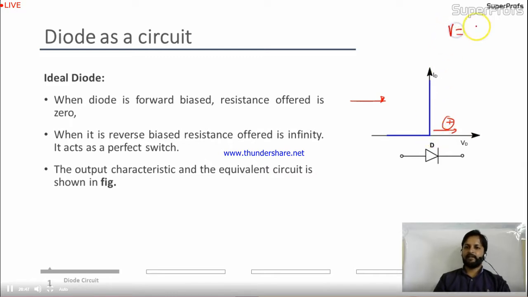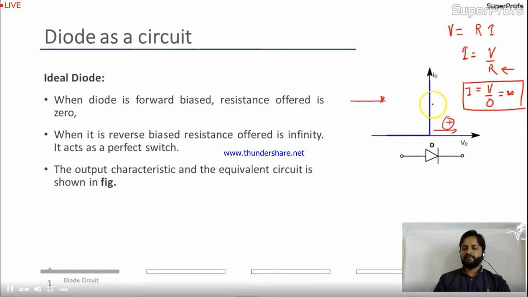V equal to Ri, so can I say I is nothing but V by R? In the forward region, we have seen the R offered by the circuit is 0. V by 0 is infinity. So as you apply the forward voltage, the current will be infinity. So this graph is a representation of the forward biasing of the ideal diode.